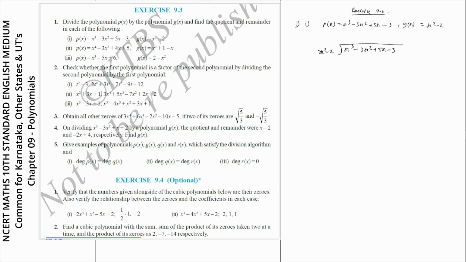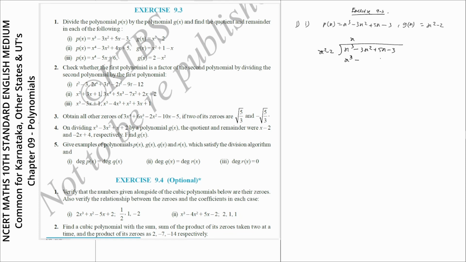I should choose the multiplier such that the first term gets cancelled. If the first term is x, you can see that x into x square is x cube, so I can cancel the first term. Then minus 2 into x is minus 2x.